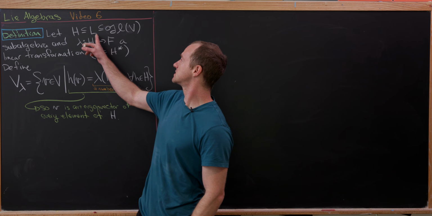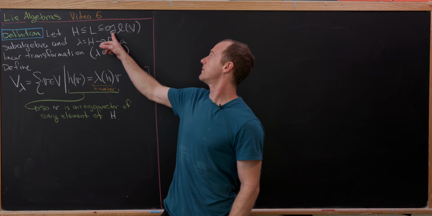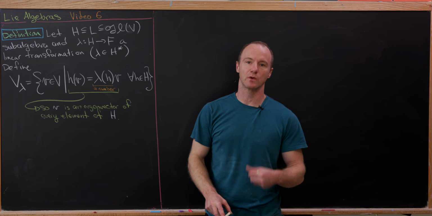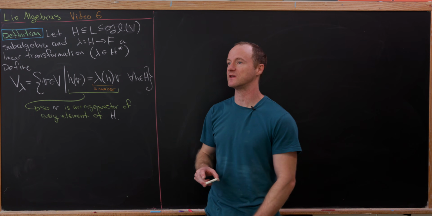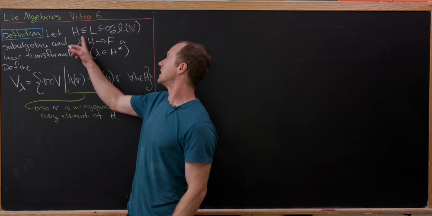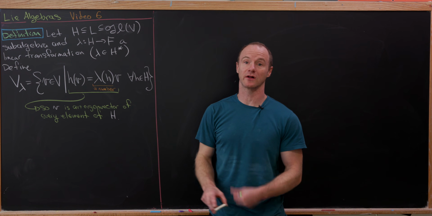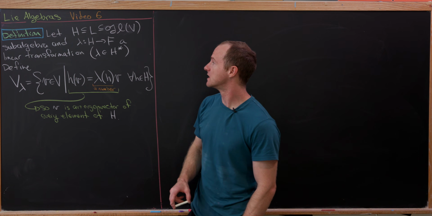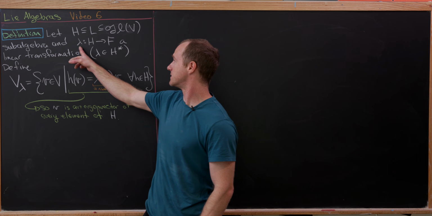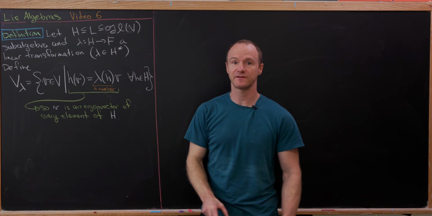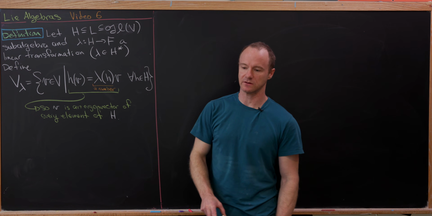Okay, so let's suppose that we've got a Lie algebra L, which is a subalgebra of GL(V), where V is a vector space over F. So this makes this a Lie algebra over a field F. And then furthermore, we've got a subalgebra of L, which I'll call capital H. Then we've got a linear transformation, lambda, from H to F. So from that Lie subalgebra to the ground field.